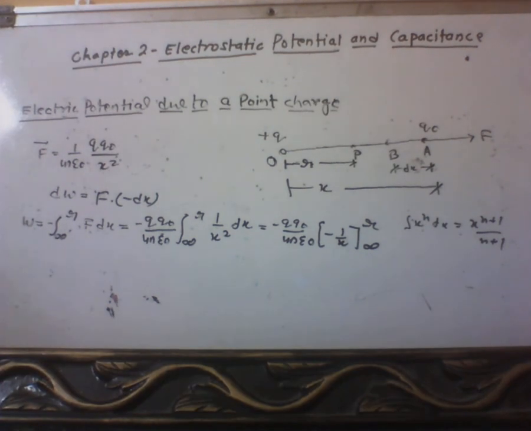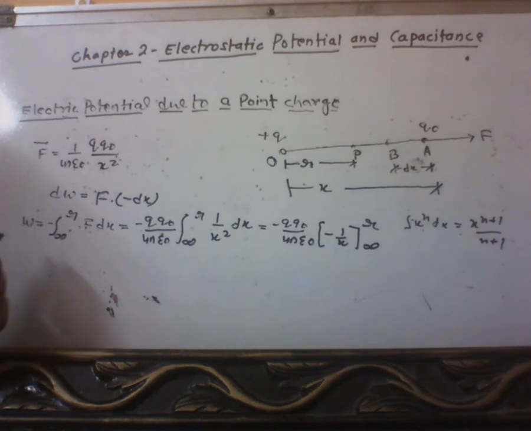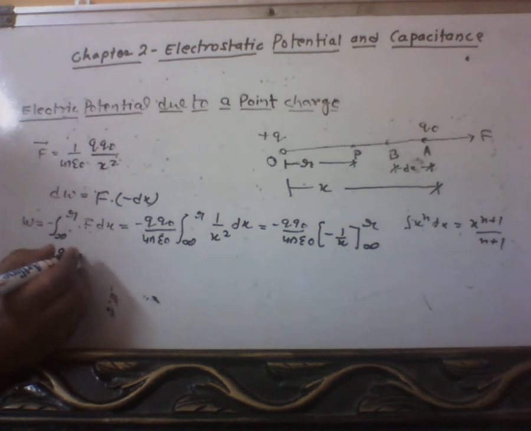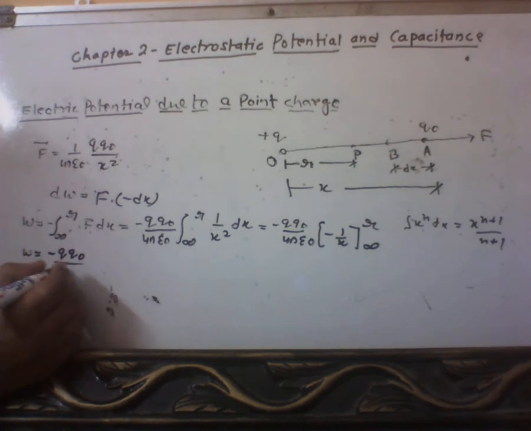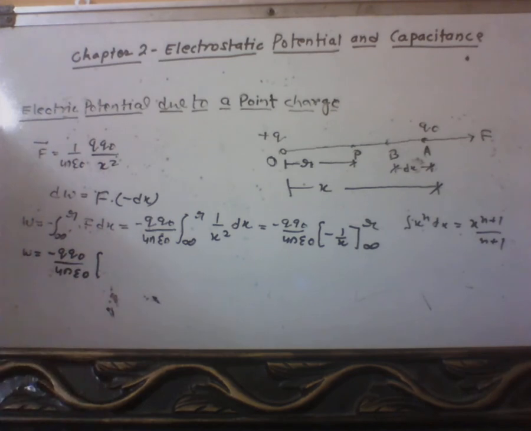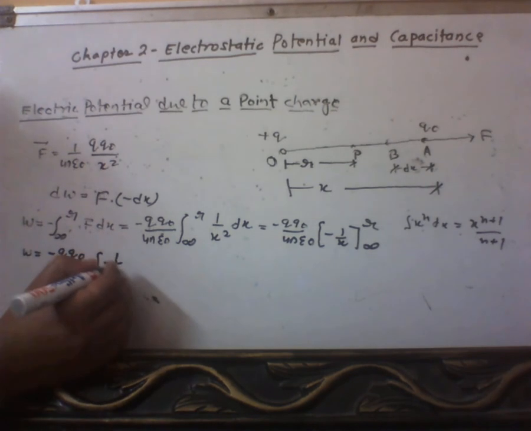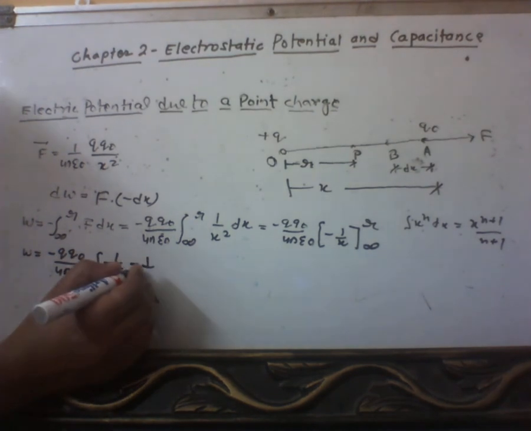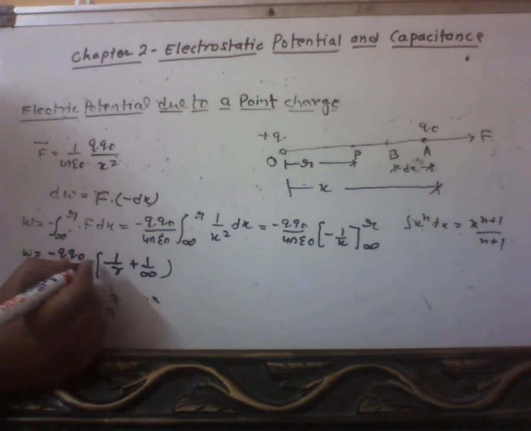So now putting in the limits, we get W as minus Q Q naught upon 4 pi epsilon naught times minus 1 upon r plus 1 upon infinity.